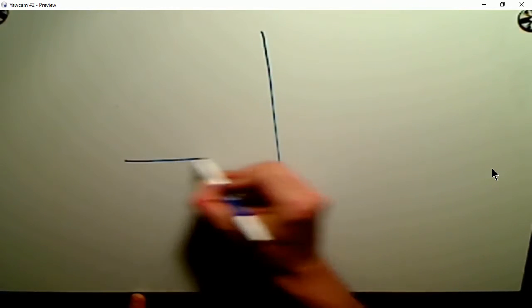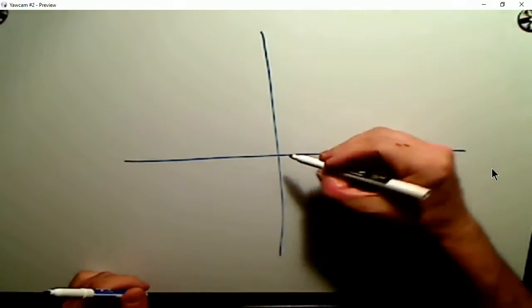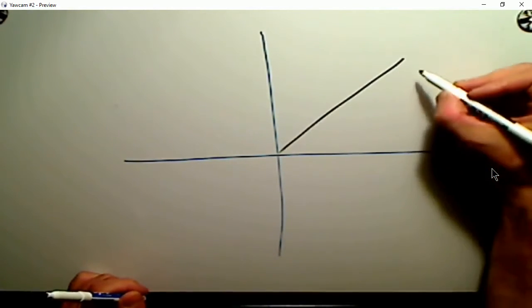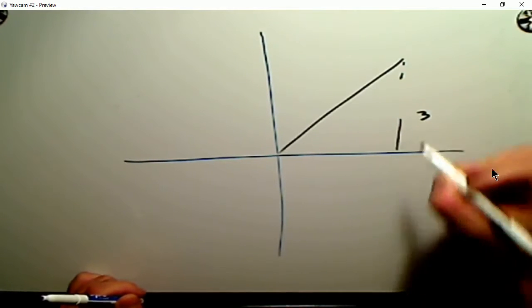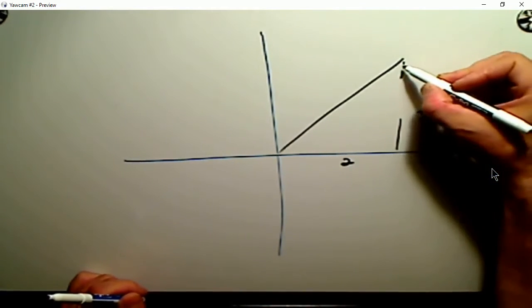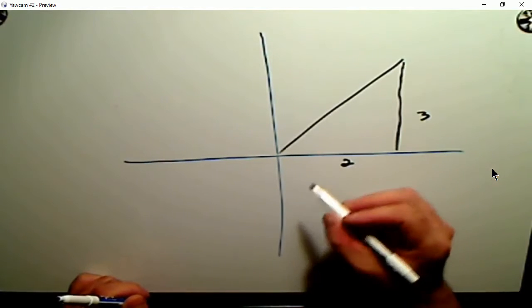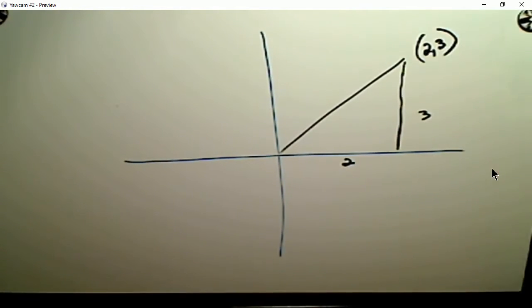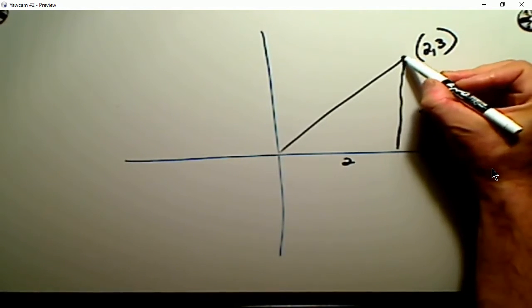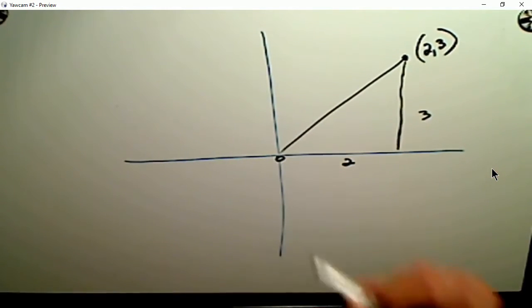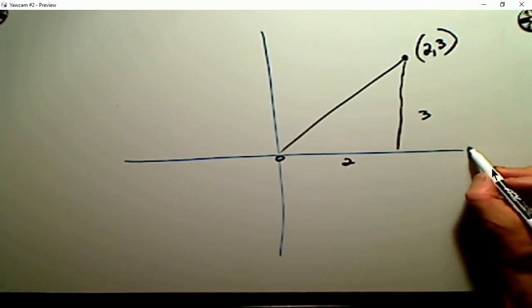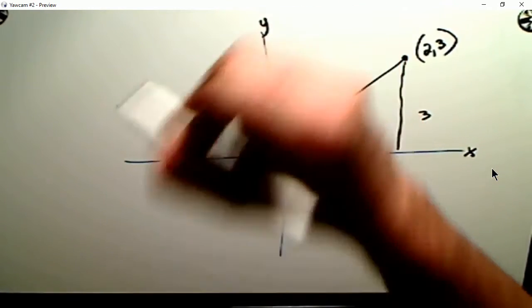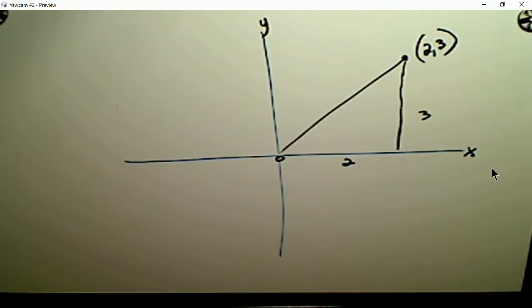Let's just take the one that we were just looking at. This is the 3 here, 2 in the adjacent side. We have that coordinate there, this being the origin, in terms of x and y on the Cartesian coordinates.